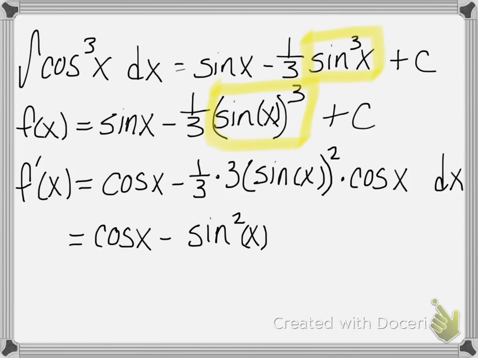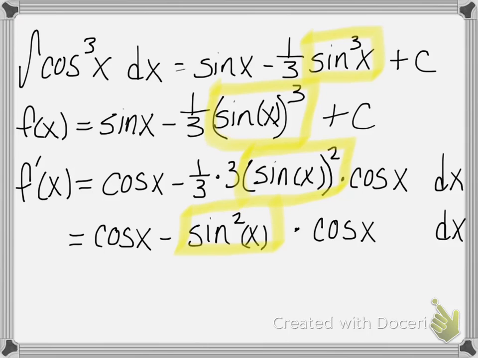And like I said before, if you have the power outside of it, sine squared x, you can write it like this as well, and that is going to be multiplied by cosine x, and all that's with respect to dx.